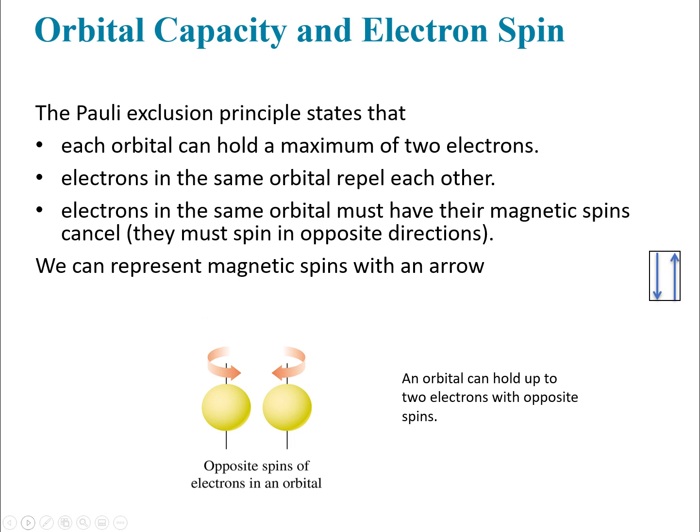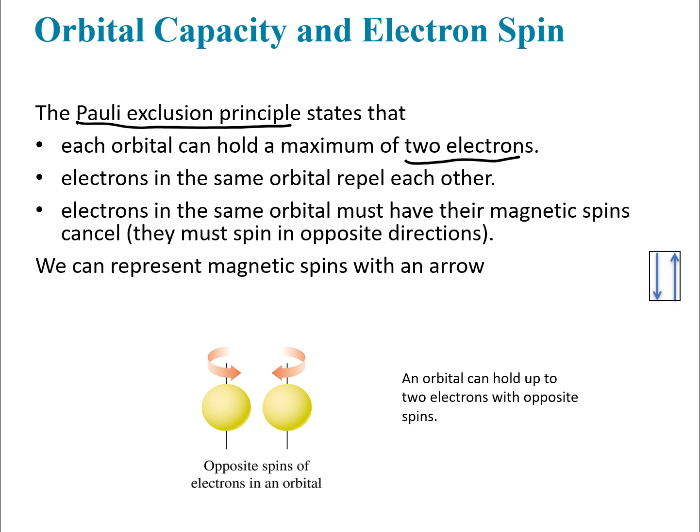So we're talking about orbitals. We're talking about the maximum number of electrons that can fit in each orbital. Part of that has to do with the Pauli exclusion principle. And that states that each orbital can hold a maximum of 2 electrons. So within each sublevel, each orbital can hold 2. And the reason is because electrons are negatively charged.